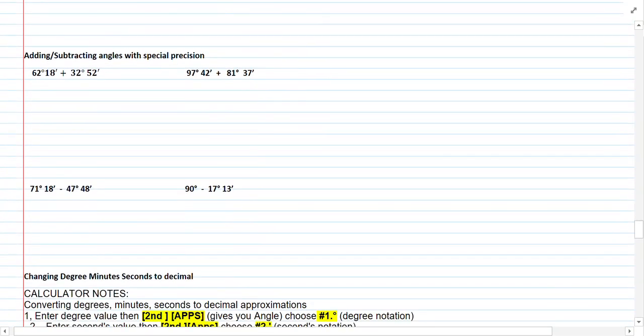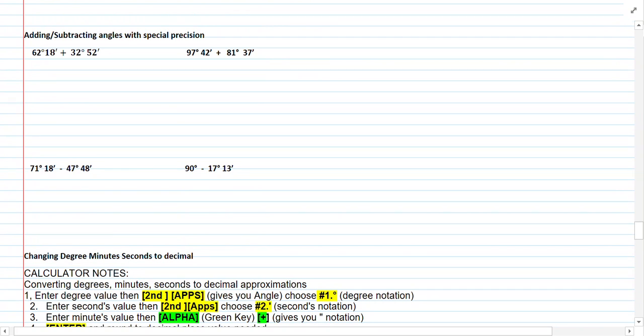So in doing this, we have to look at the conversion of some of the processes into a succinct form, understanding that process. So here I have 62 degrees and 18 minutes, and I'm adding to it 32 degrees and 52 minutes.